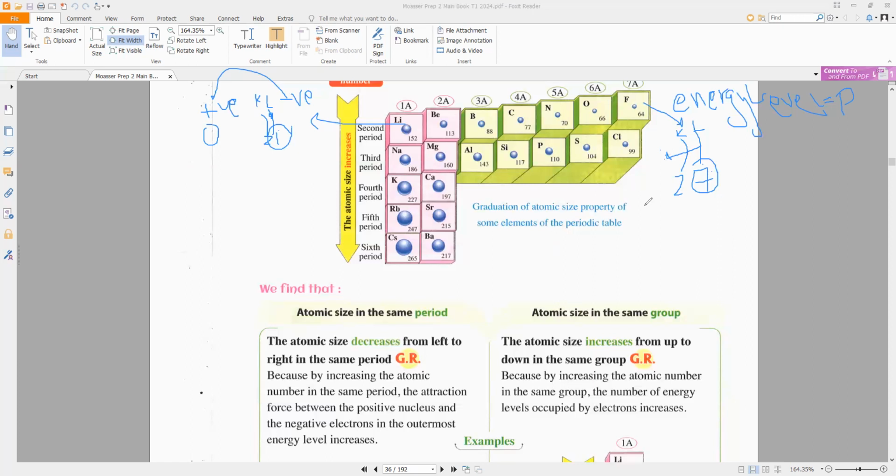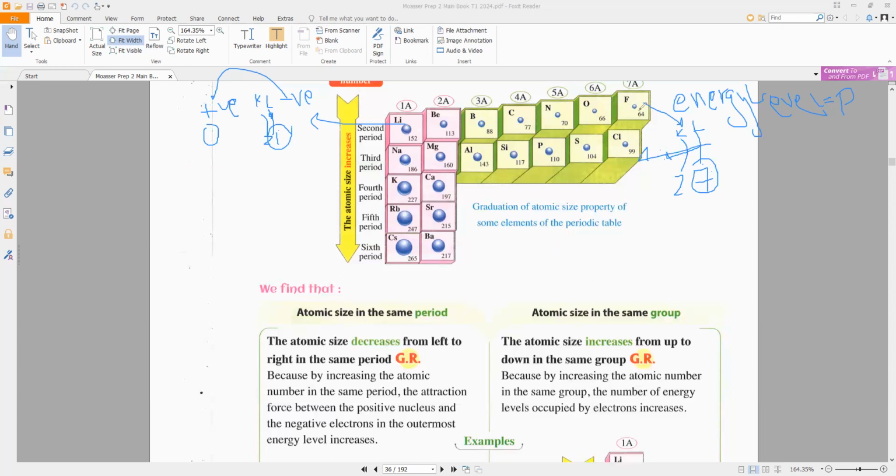The nucleus pulls the electrons toward itself more, so the size decreases.